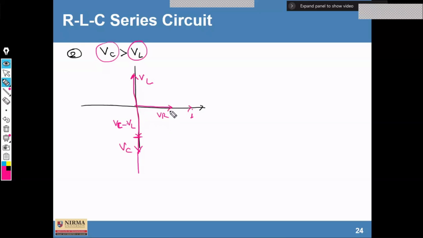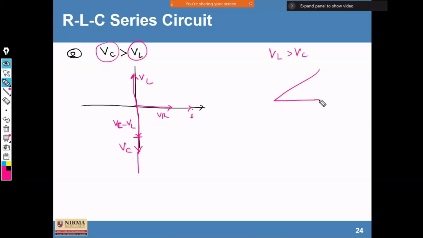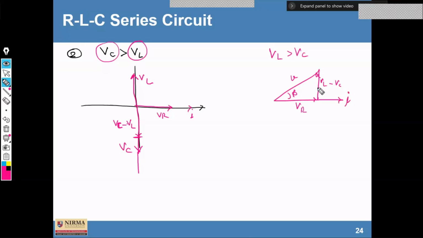In the first case, VL greater than VC, we have seen that this is your resultant vector V. This is VR. Here VL minus VC, an angle phi, and this particular vector is the current vector. If you compare the resultant voltage and current, you can consider the voltage as the leading quantity compared to I with an angle phi.